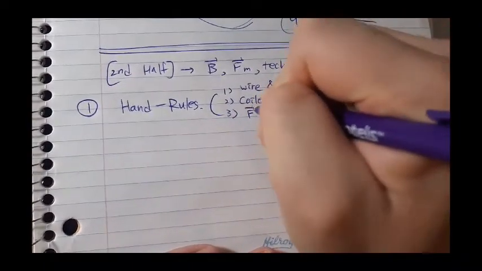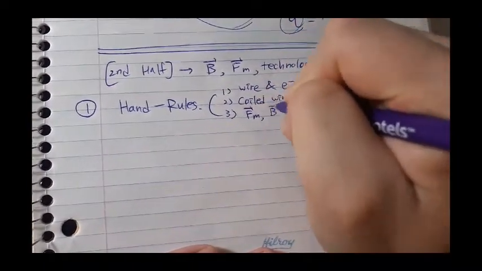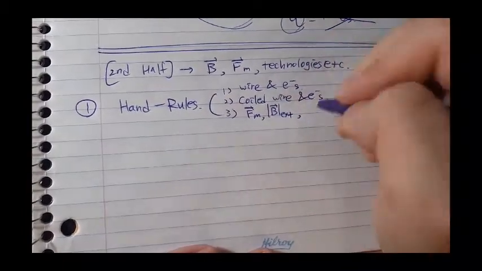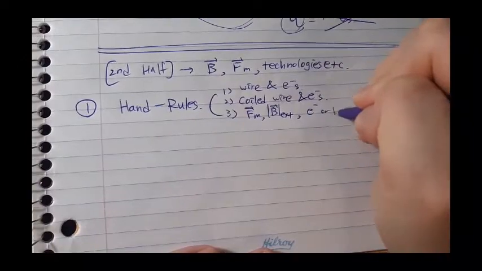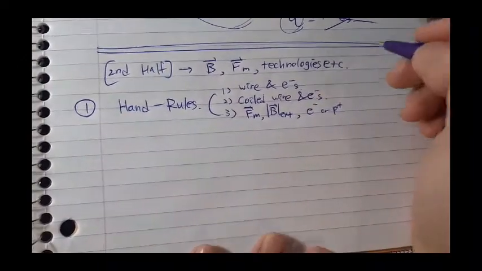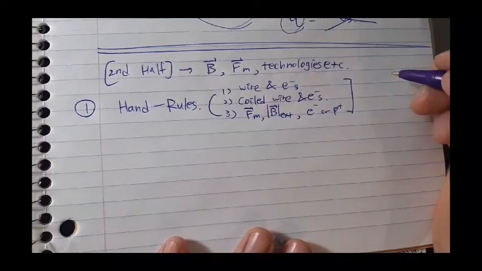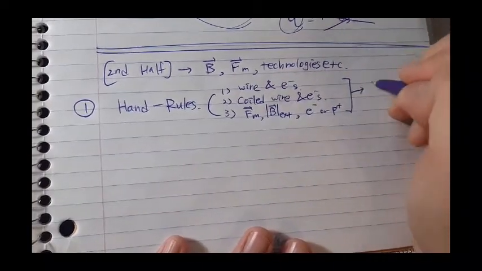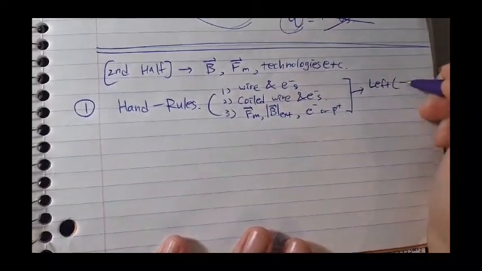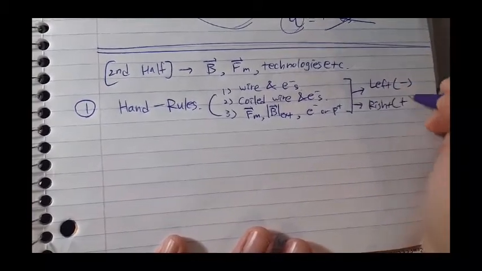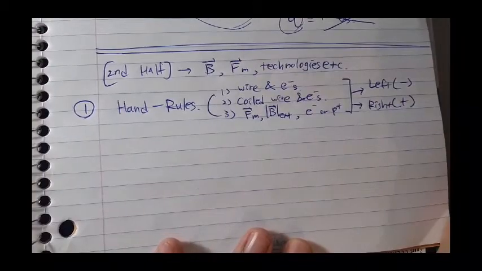This involves magnetic force and an external magnetic field, and an electron or proton, depending. So we have those three rules. You need to remember when to use them. Left hand for anything that's negative. Right hand, you use for anything that is positive. So have that in your mind.